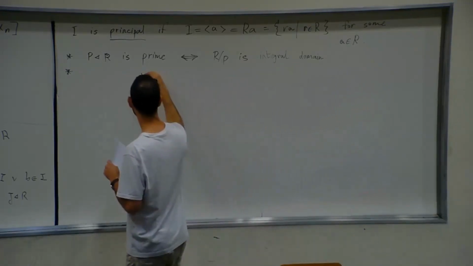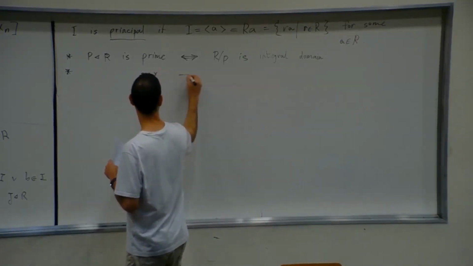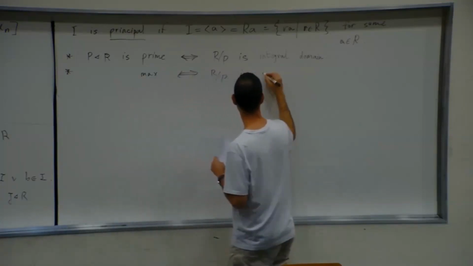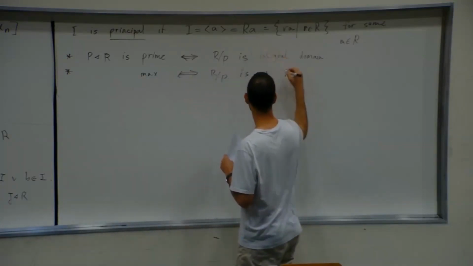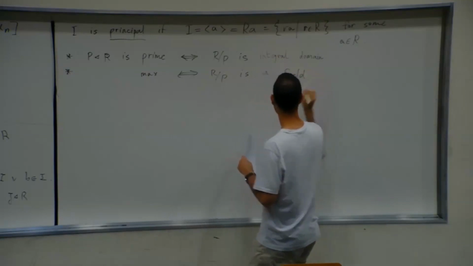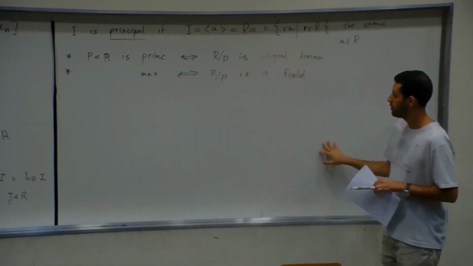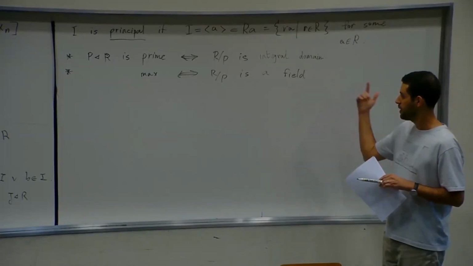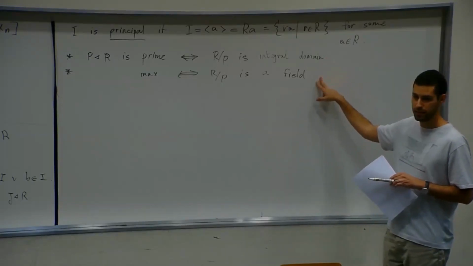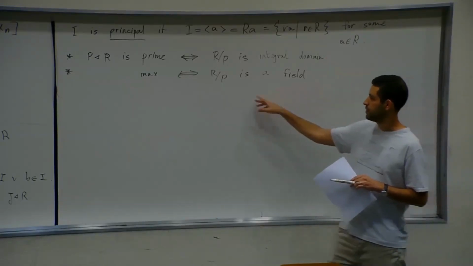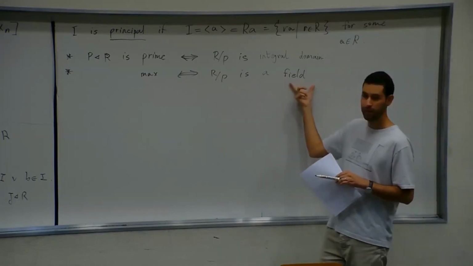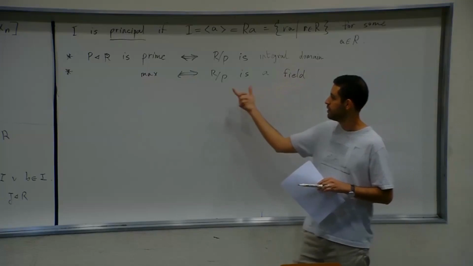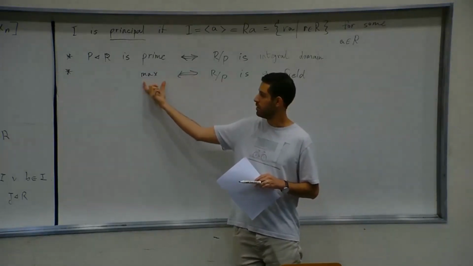And maximal if the quotient is a field. Okay, so these are super useful. And in fact, one thing that we can infer from this, since every field is in particular an integral domain, a field doesn't have zero divisors, is that every maximal ideal is prime.